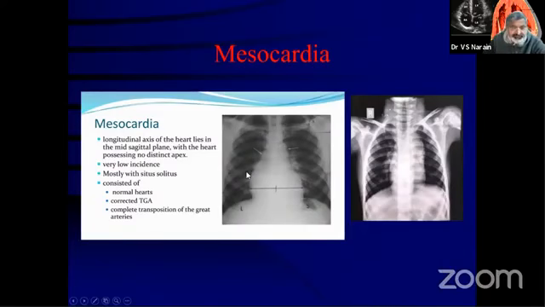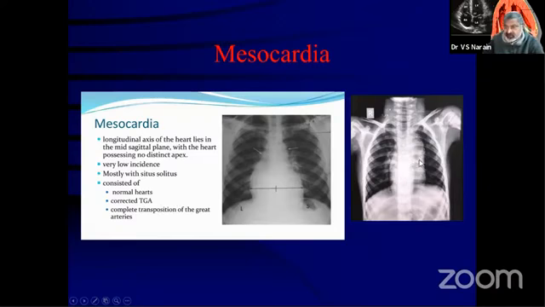Mesocardia simply means that the middle part of your heart is in the mid, that is the longitudinal axis of the heart lies in the mid sagittal plane. And the incidence is quite low and mostly occurs with situs solitus, and corrected transposition is once again a possibility in this.